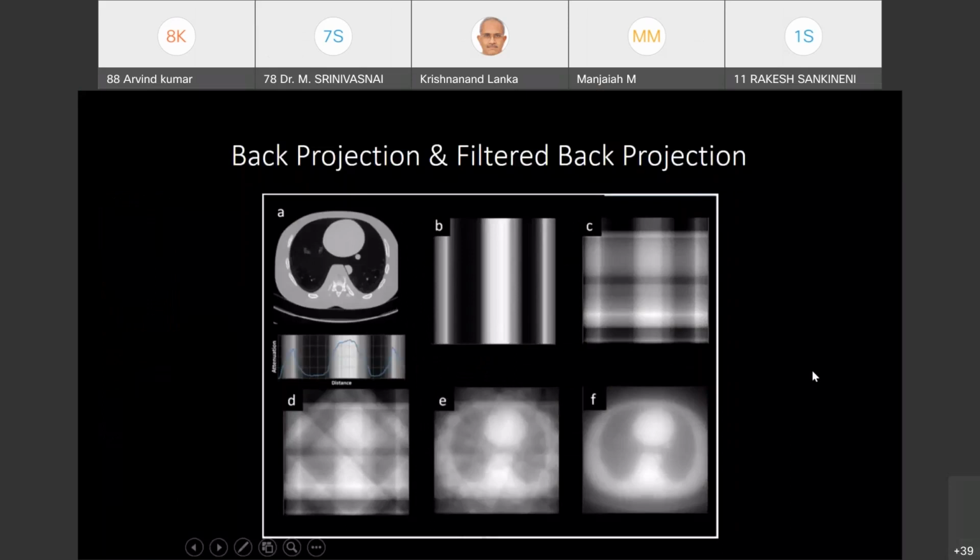So here, processing. What you see here is that we get a blurred image. Actually, we should get this kind of image, but using these simple crude reconstruction algorithms, we get this kind of image. When we get this kind of image, it is of no use.